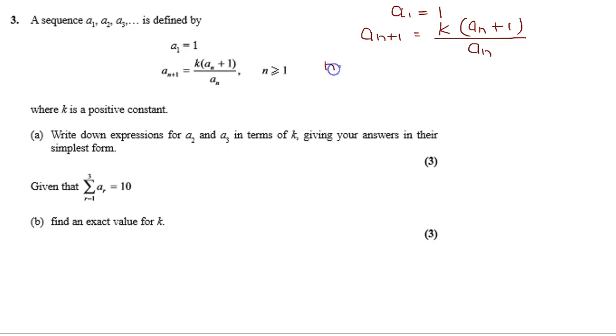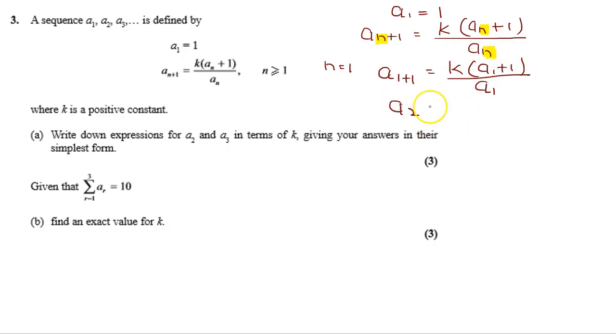So let n is equal to 1. Wherever you find n, you write 1 there. So this will be a(1+1) is equal to k (a1 plus 1) over a1. We have replaced n by 1.